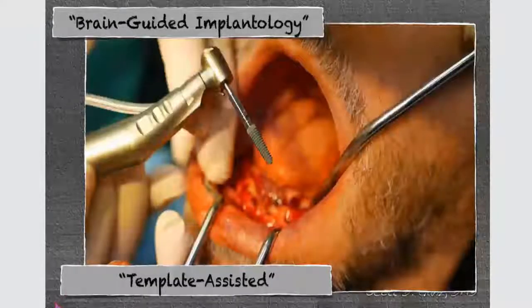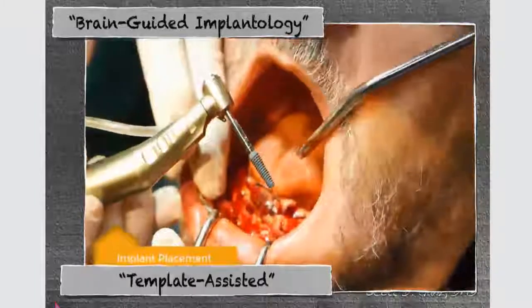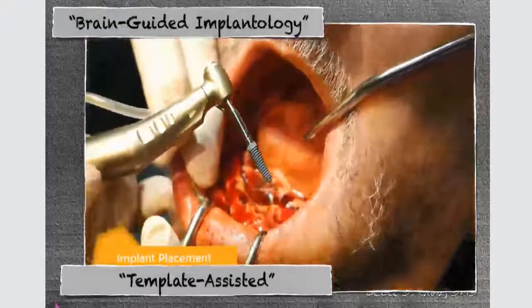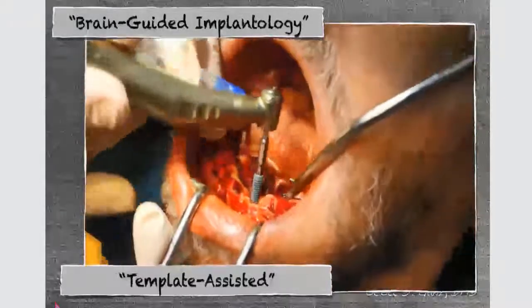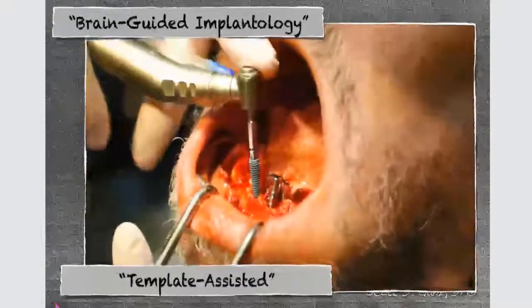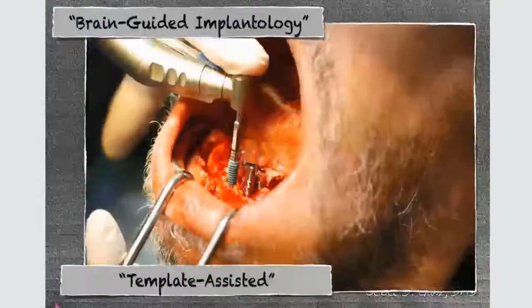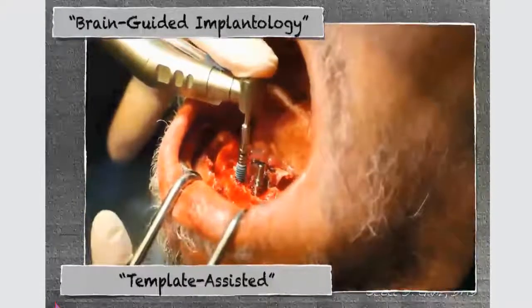And then, because I term this template assisted, we are not going to place the implant through the template. We are going to place the implant freehand. And so there is some potential for movement or variation of angle or trajectory when you're placing the implant freehand.